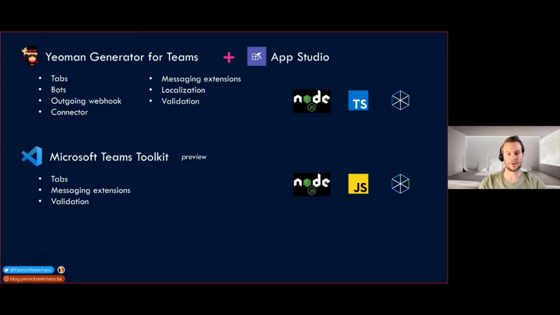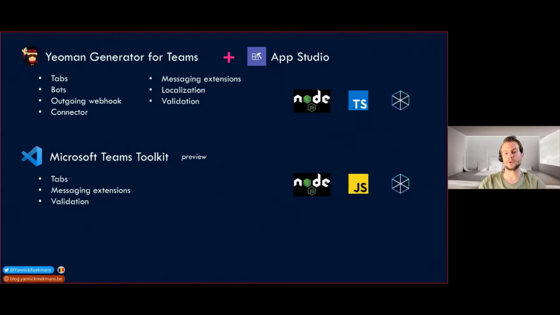Now, personally, the downside I see in this Microsoft Teams Toolkit for now is the fact that it can only provision tabs and messaging extensions. So no bots, outgoing webhooks, or connectors. It doesn't support localization either. It might not be a big problem as a developer if you just need to develop tabs or messaging extensions. You can still go with Microsoft Teams Toolkit, but the big downside for me as a developer is the fact that it's also built on Node.js, but it only generates files in JavaScript.